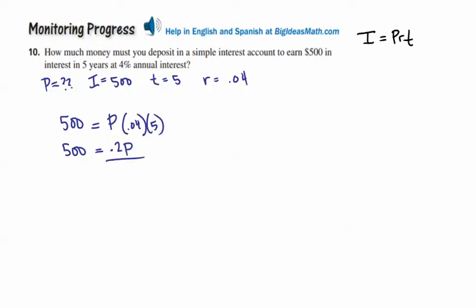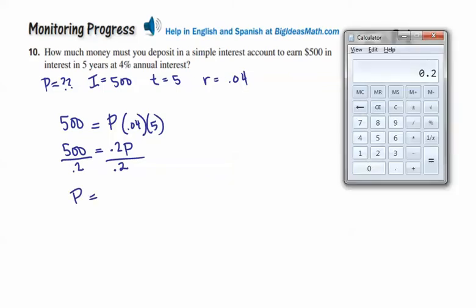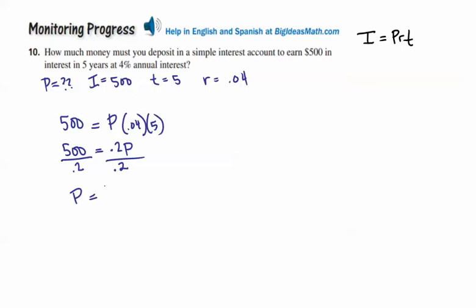To solve for p, we would have to divide by 0.2, and so the principal that we would need to invest, get our calculator, 500 divided by 0.2 is $2,500. We would need to invest that in order to get an interest of $500 for 5 years at 4%. We'll stop here and go on to another example.